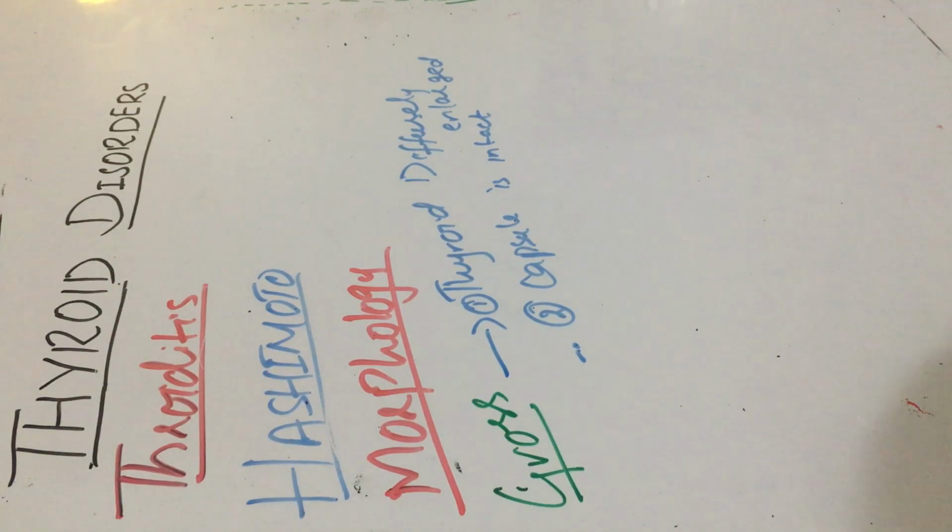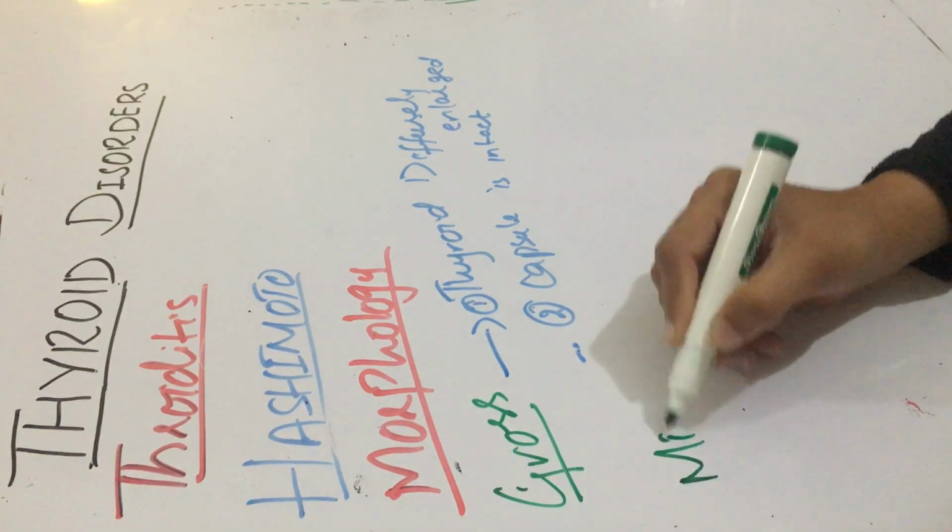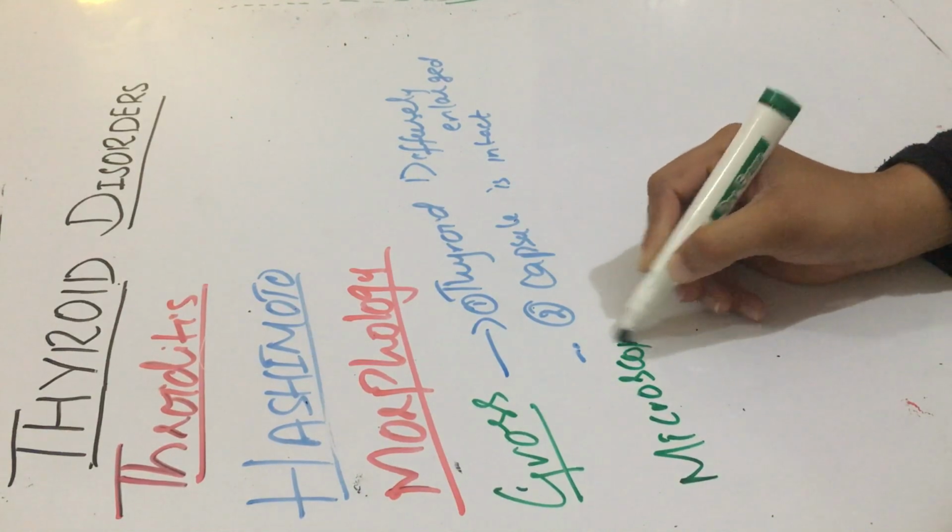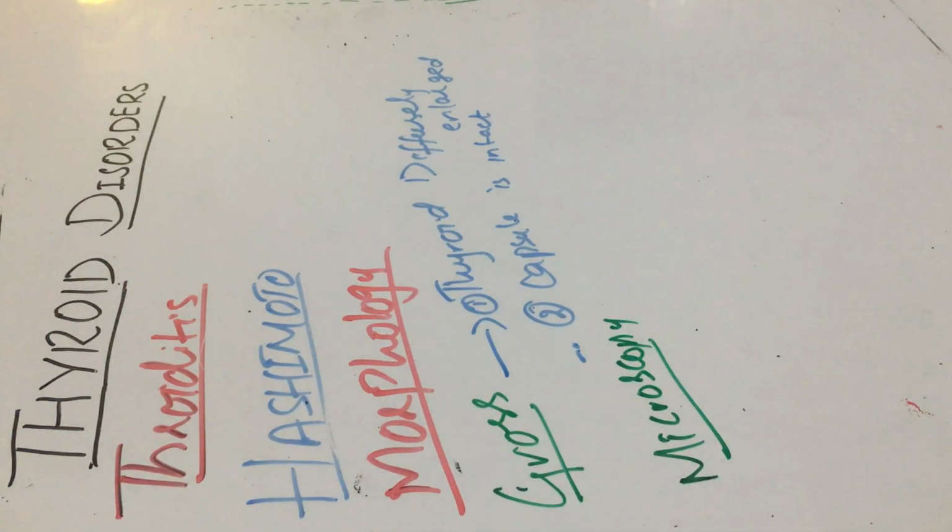On microscopy, what you will find is that there would be extensive infiltration of parenchyma by mononuclear inflammatory infiltrates.